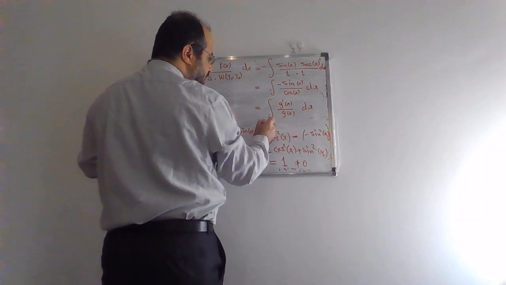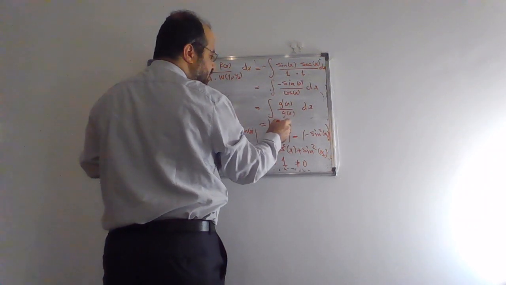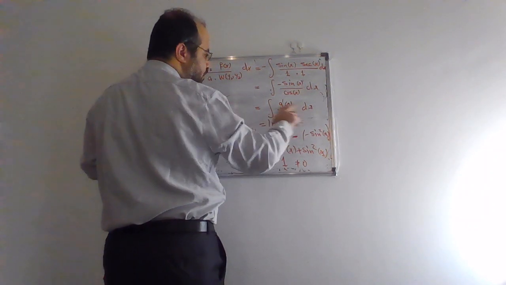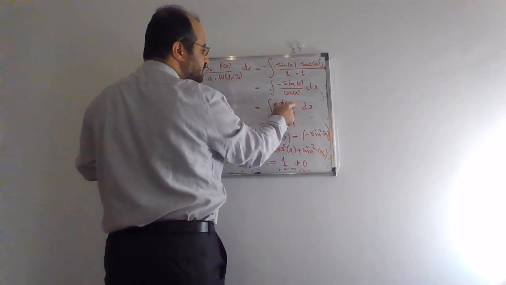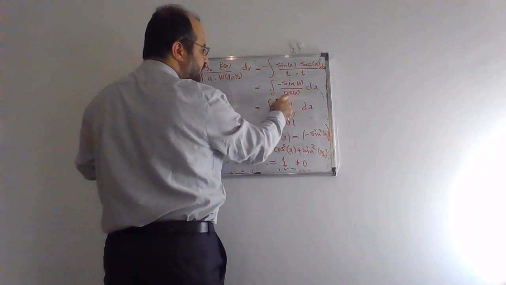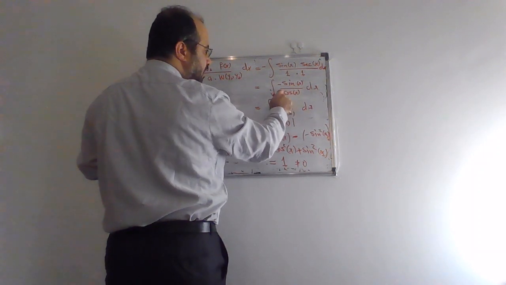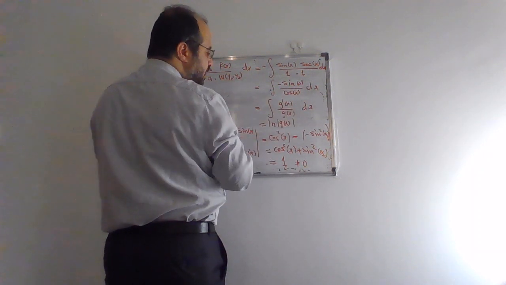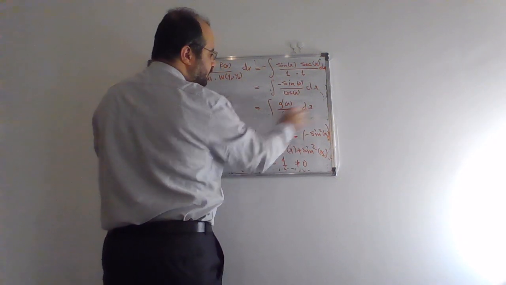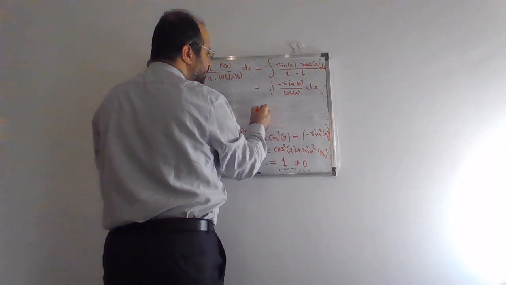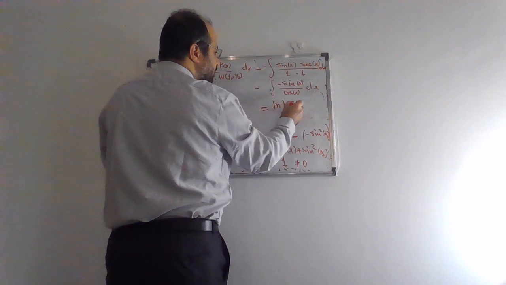In this case you have ln absolute value of g of x. You don't need to add a constant of integration. So you have g down and its derivative up. The derivative of cosine is minus sine, and g is cosine x. So it is clear that this will be ln absolute value of cosine x.